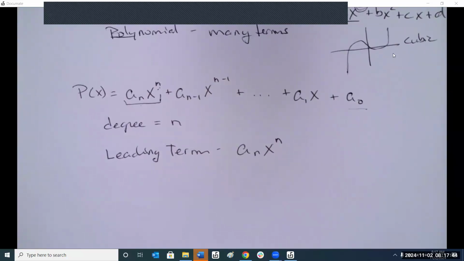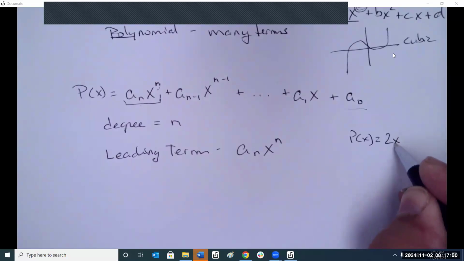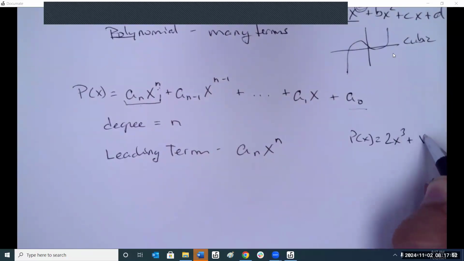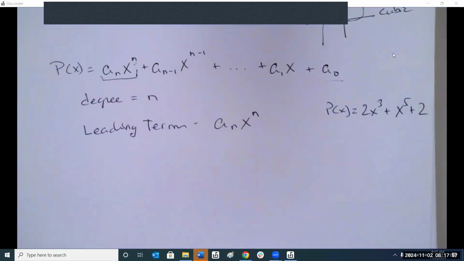Be very careful, because in your homework, you may have equations that look like this. So what's the degree of that polynomial? Is that the biggest exponent? 5.